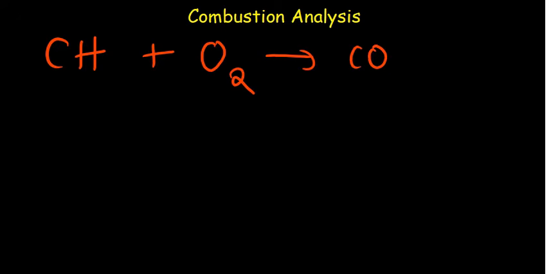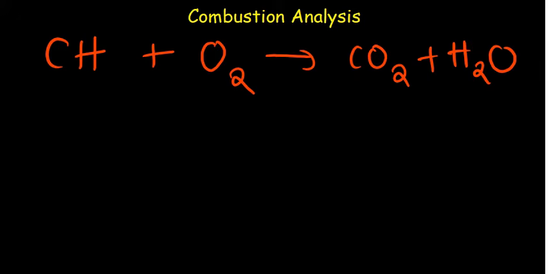An example we can have is a hydrocarbon, CH, burning in excess oxygen to give you carbon dioxide and water. You may also have other products depending on the compound that you are burning.